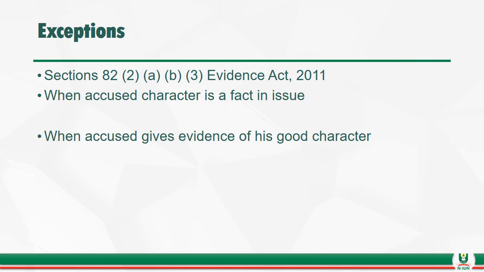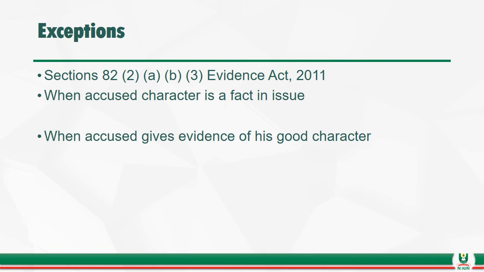Equally, when the accused gives evidence of his good character, then evidence of his bad character becomes relevant and therefore admissible. What the law gave with the right hand, it took with the left hand. The law is that the accused's bad character is inadmissible, but whenever the accused gives evidence of his good character, then evidence of his bad character becomes admissible in court.